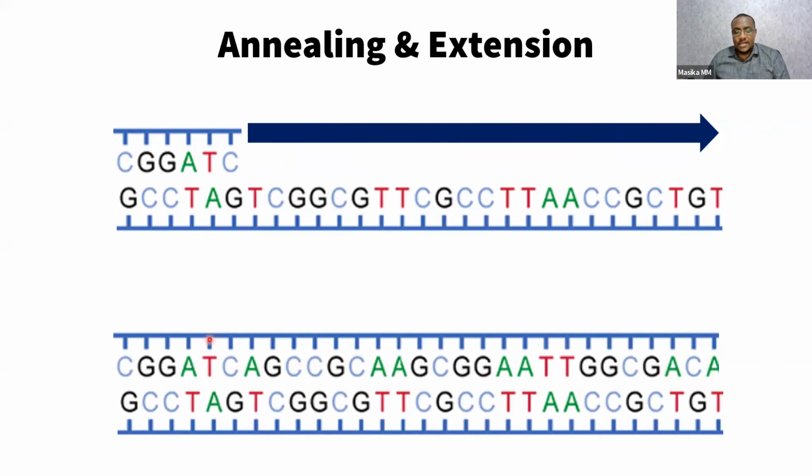In the next cycle, you heat this and it separates, and now you'll have 2 templates. And you can copy both templates into other copies of DNA. And actually, when you're starting, you will have at least 1 double-stranded DNA. We call it cDNA or just DNA. Because it's double-stranded, you'll be starting with 1 copy of double-stranded DNA, but each strand will pick either the forward primer or the reverse primer.